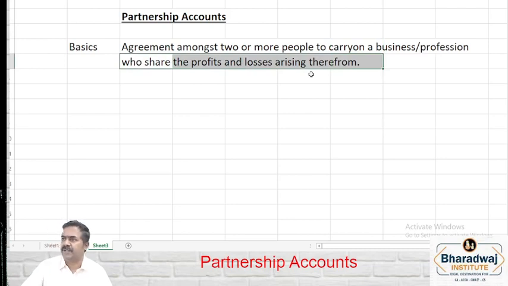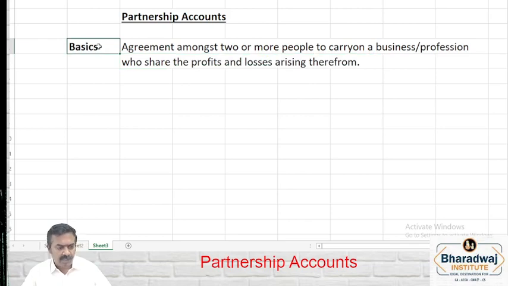That is the basic definition of partnership. Here, two or more people join together for doing a business. They share the profit and losses arising therefrom.